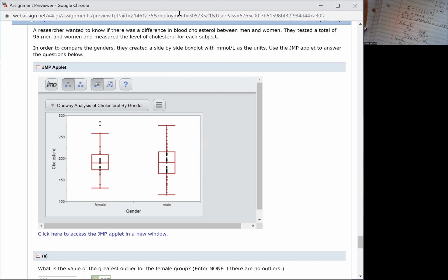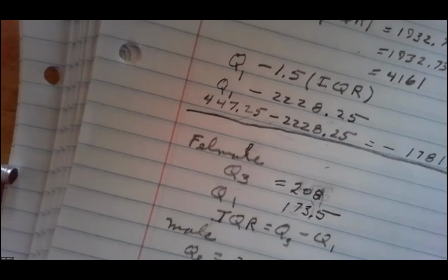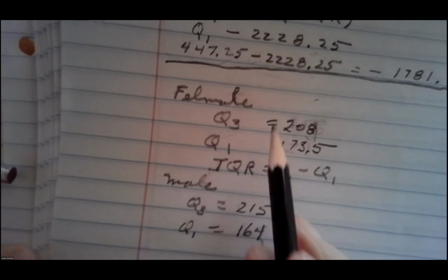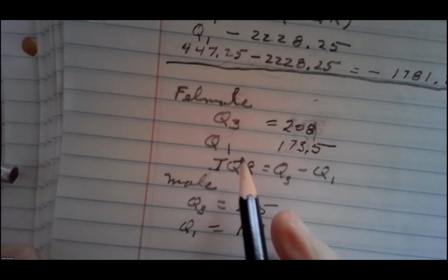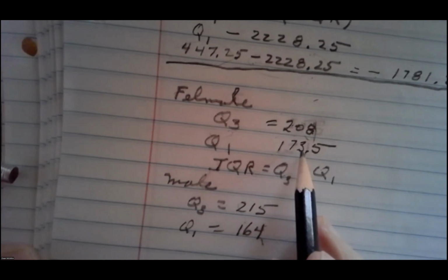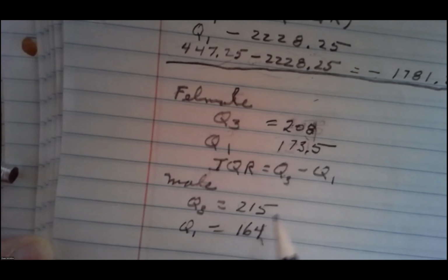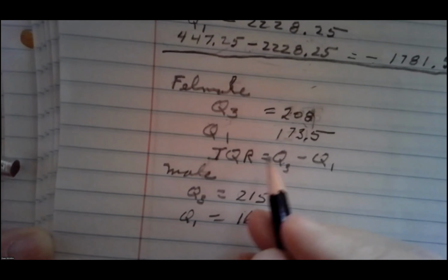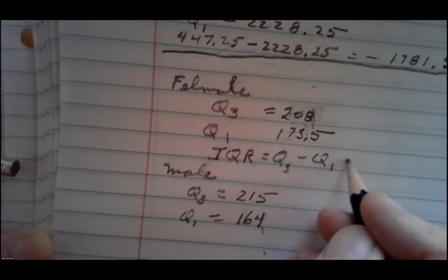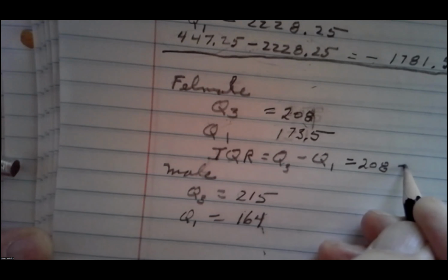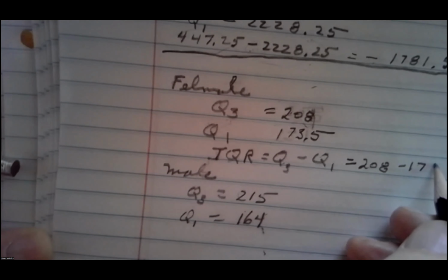Okay, now let's go to our document camera and we'll figure it out. 208 was the Q3 for the female and 173.5 for Q1 for the female. So if I put that in this formula, we have Q3, which is 208 minus 173.5.